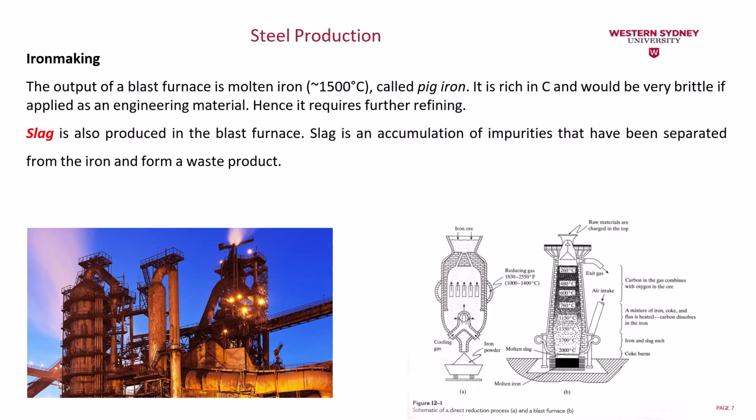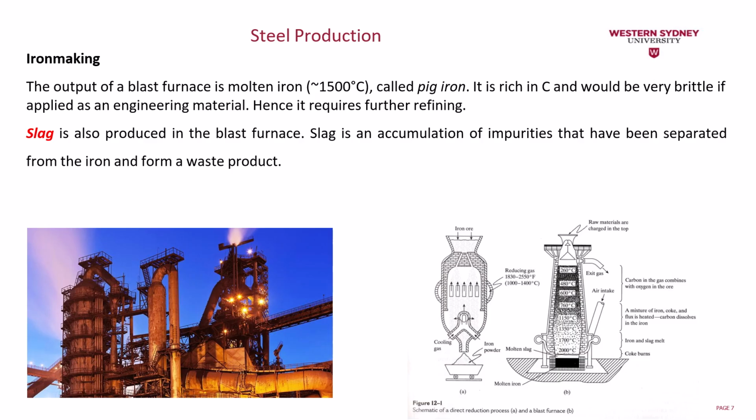Slag is an accumulation of the impurities that have been separated from the iron to form a waste product. So if you saw any of the casting videos, you will find that there will be something that looks like dirt on the top layer of the molten metal, and this should be removed.